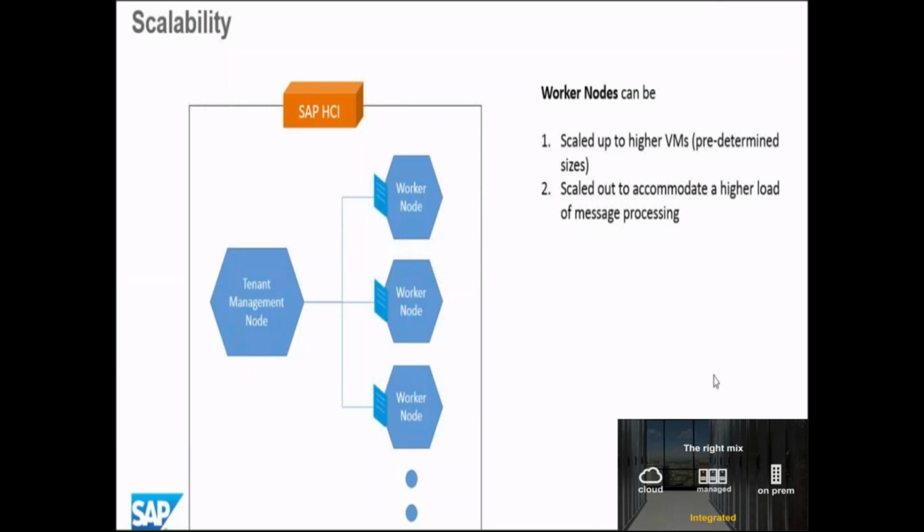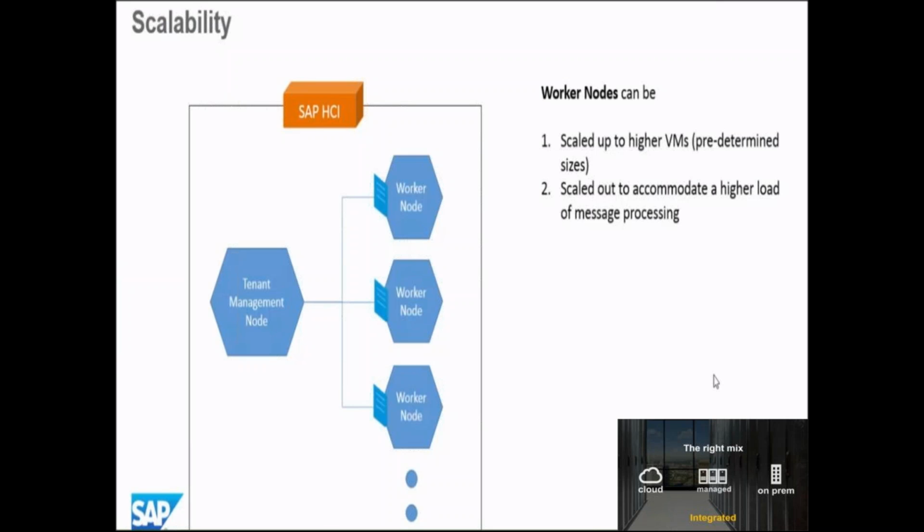Okay, so let's say at any point of time there is too much data which needs to be processed by HCI. Okay, so what SAP will do is it will attach more worker nodes to your TMN, tenant management node.